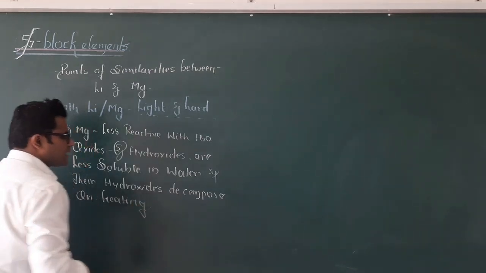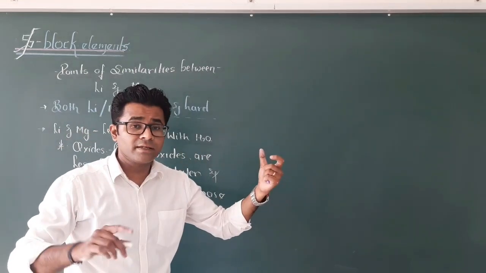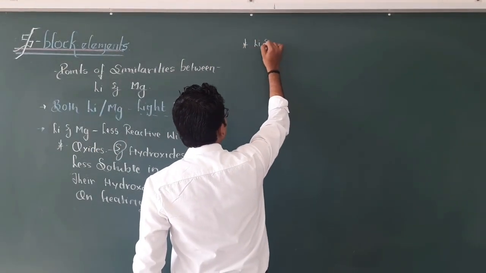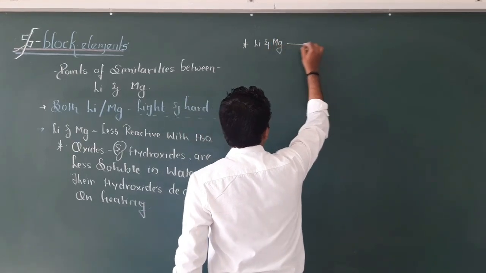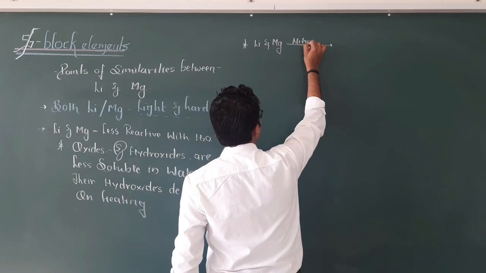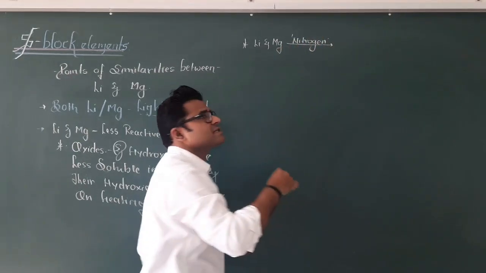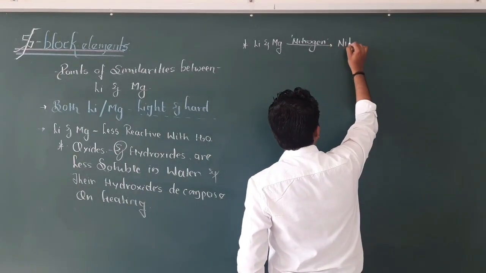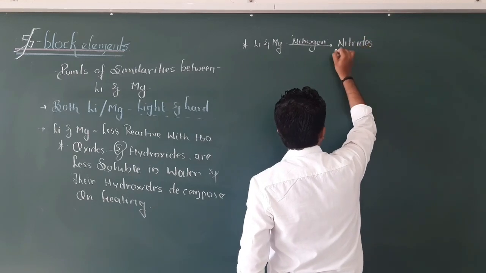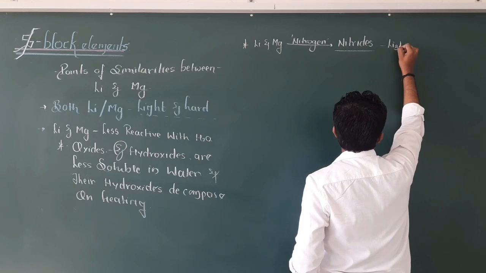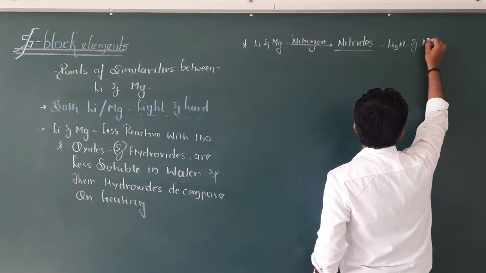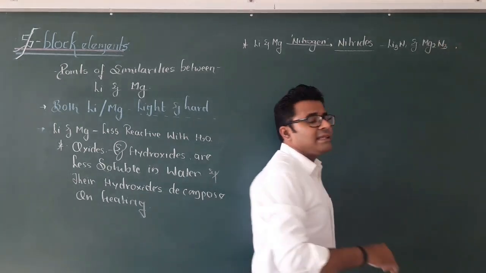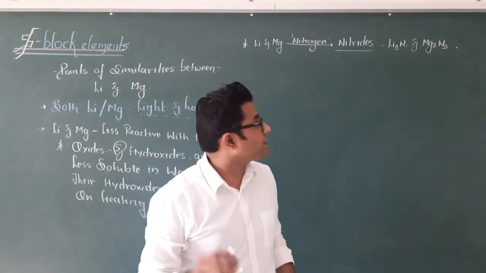As we heat the hydroxides of lithium and magnesium, they will start to decompose. Furthermore, upon direct reaction with nitrogen, both lithium and magnesium form nitrides, that is lithium nitride and magnesium nitride.